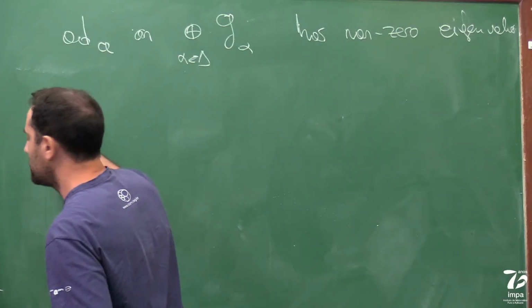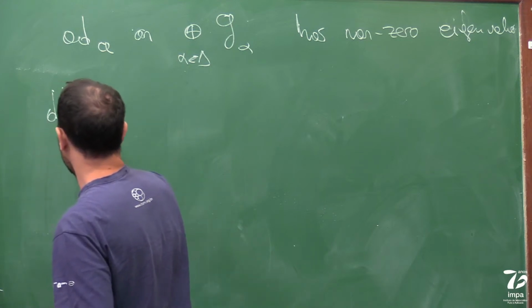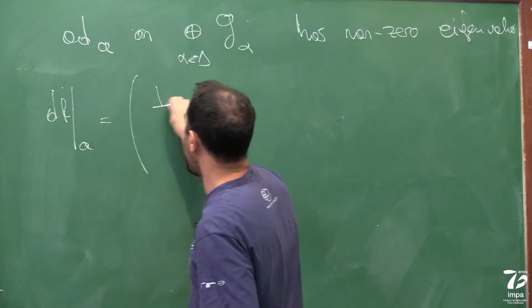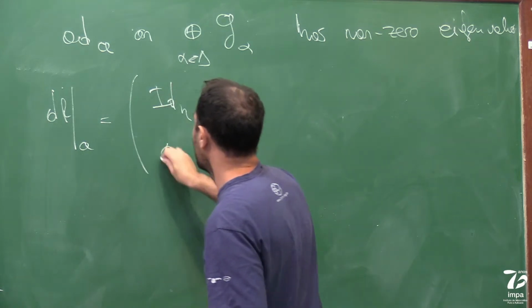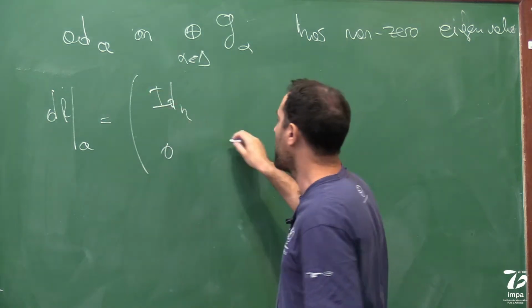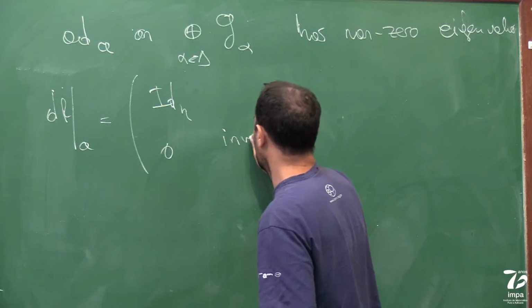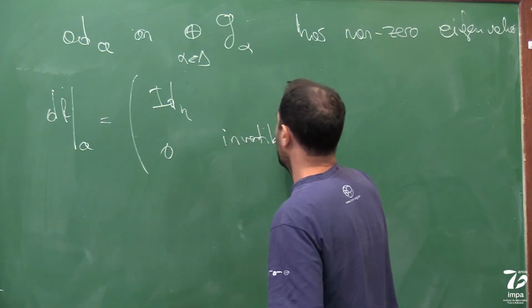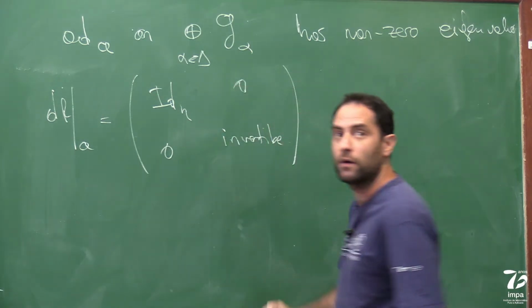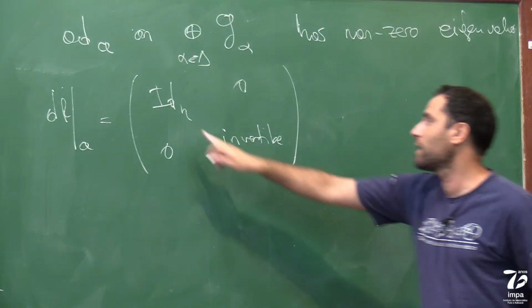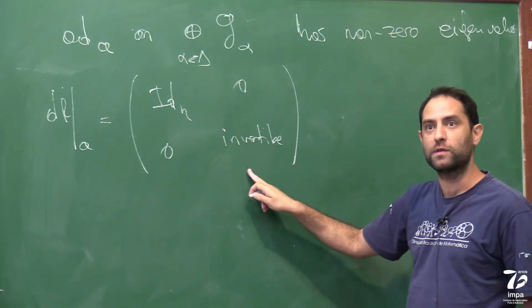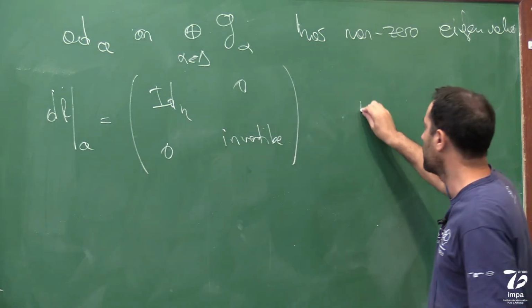So it means that this differential of F at the point A looks like the identity on H, 0 on the piece that is H, and it looks like something invertible, 0 on the other piece. So this thing here has non-zero eigenvalues everywhere. So this is non-singular.